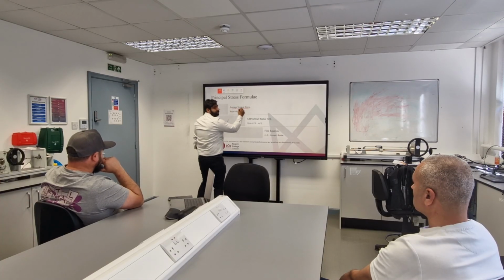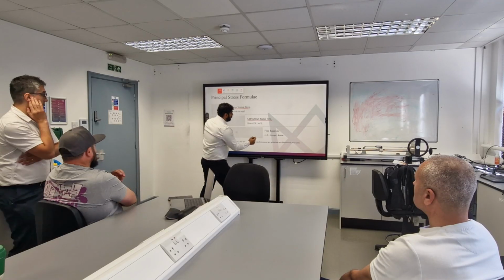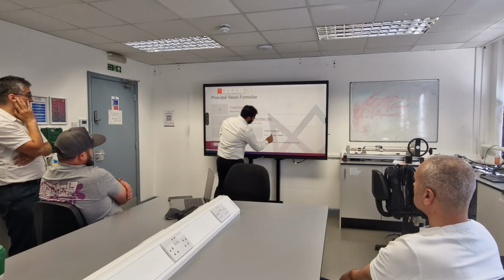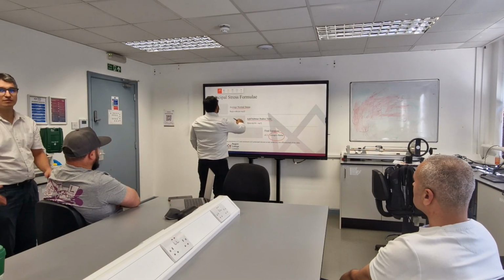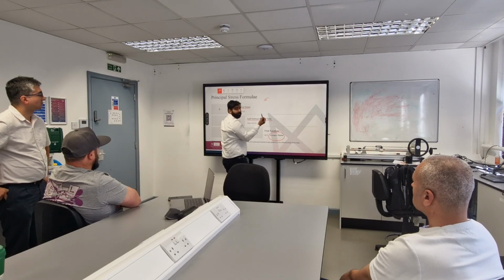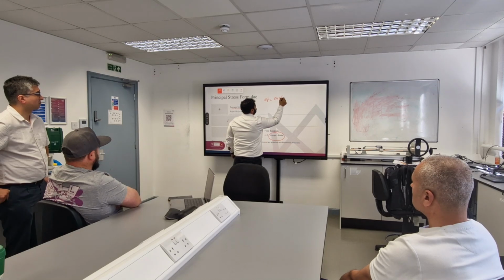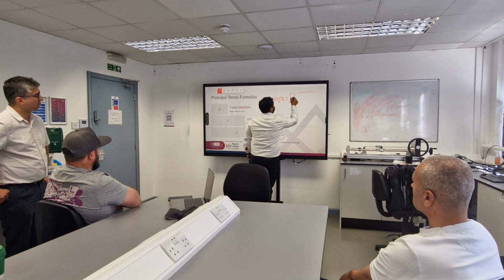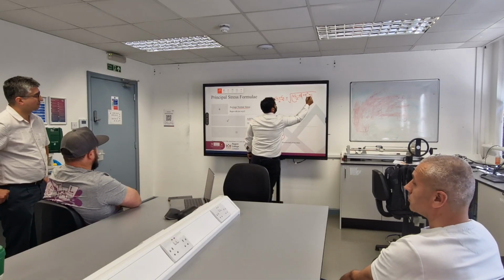So it begins with the average normal stress, and we add and subtract the radial stress, and the final equation becomes the average plus minus the radial stress. And the formulation of the principal stress is sigma x plus sigma y by 2 plus minus square root of sigma x minus sigma y by 2 whole square plus tau square xy.